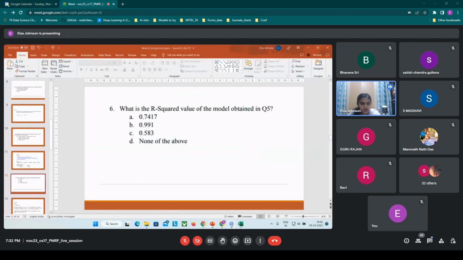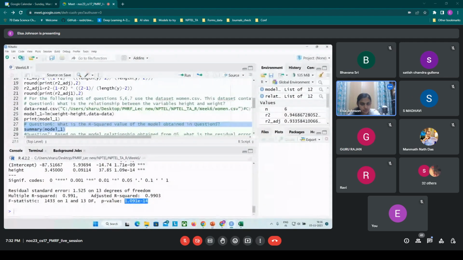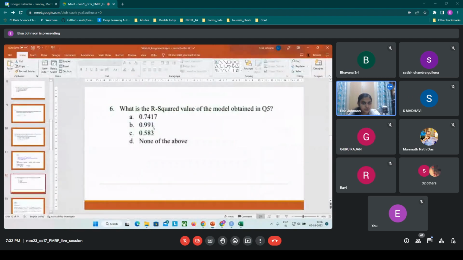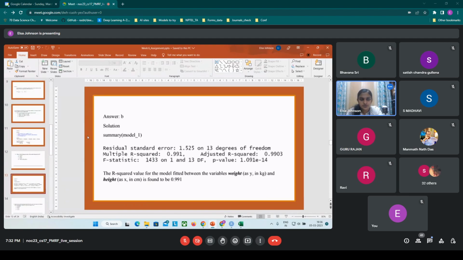The r squared value is coming as 0.991. It can be got from the summary of the model. Now the next question is also based on the same data set 7. The r squared value for the model fitted between is found to be 0.001. You can just check the r value.